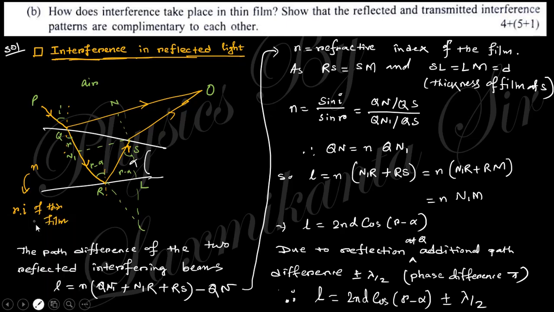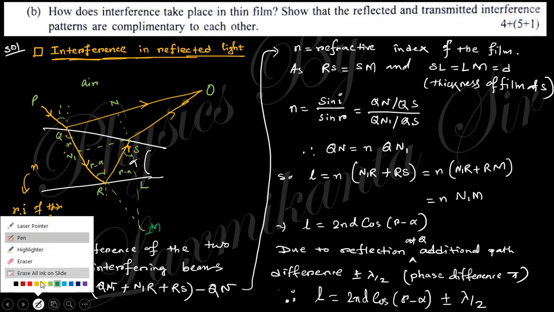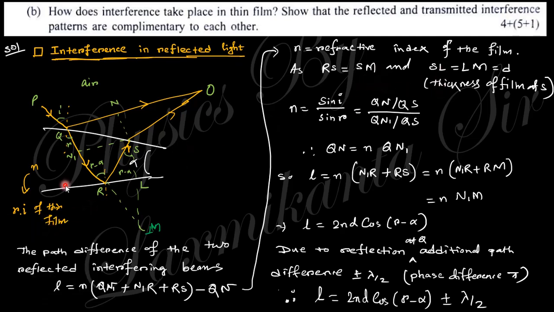After that, these two have the same path, so the path difference happens here, right? Here you can say that RS equals SM, and SL equals LM, which is d, the thickness of the film at that point.